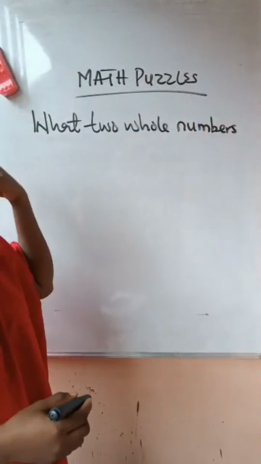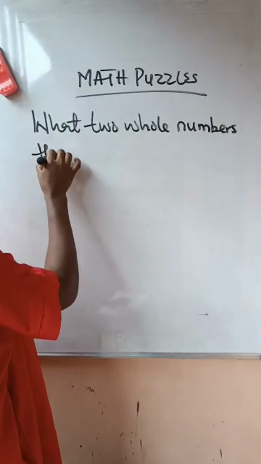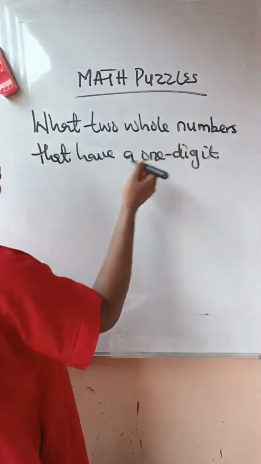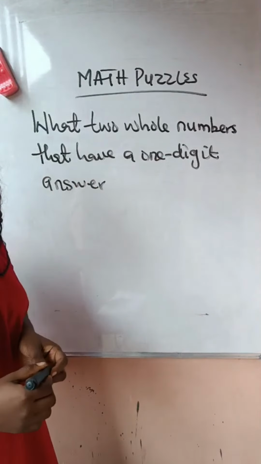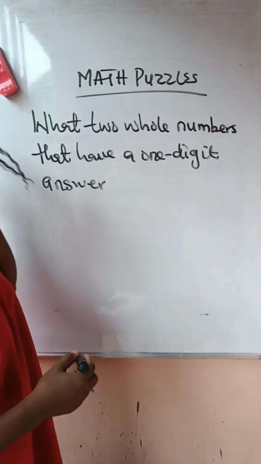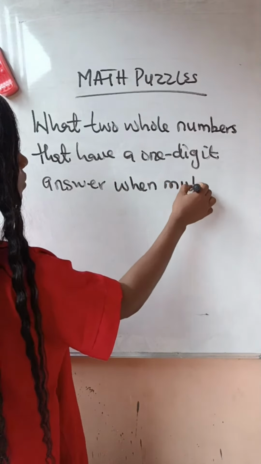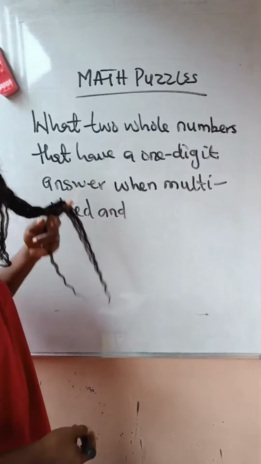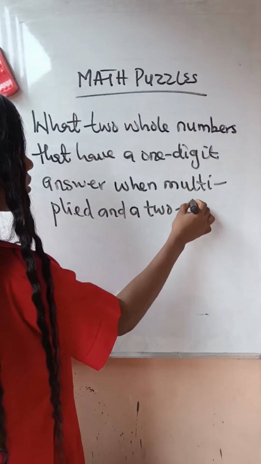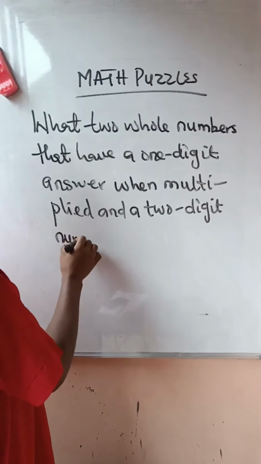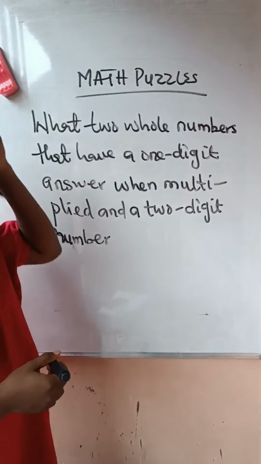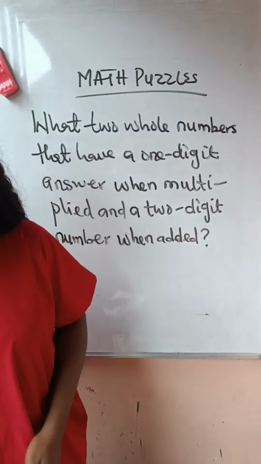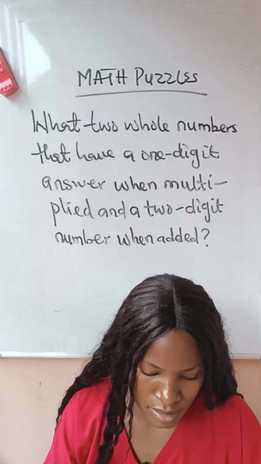What two whole numbers that have a one-digit answer when multiplied and a two-digit number when added? So that is the next question.